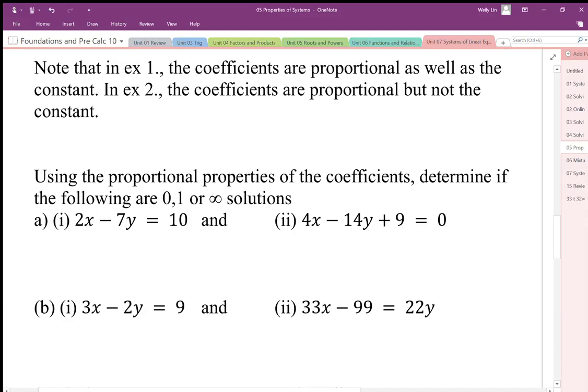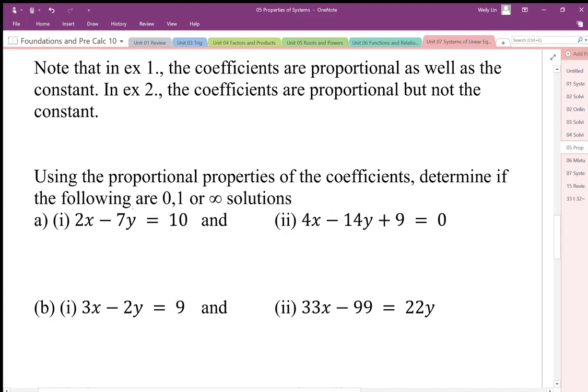So looking at A, equation 1 is 2x minus 7y equals 10. We have 4x minus 14y plus 9 equals 0. Looking at the coefficients, they are in a 2 to negative 7 ratio. So they are parallel. The constant term is not in the same proportion.